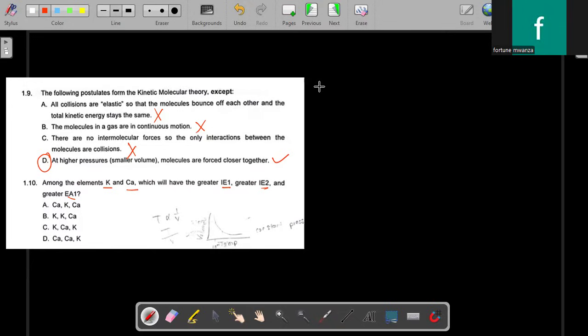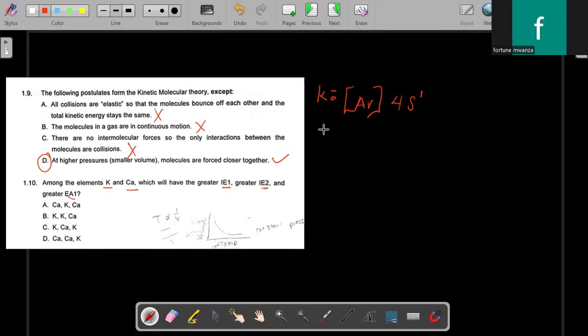Let me come up with the electron configuration for potassium. I'll use the condensed electron configuration. I have my argon there, which indicates the core electrons for my potassium. Then it will have 4s1 in the outer shell.